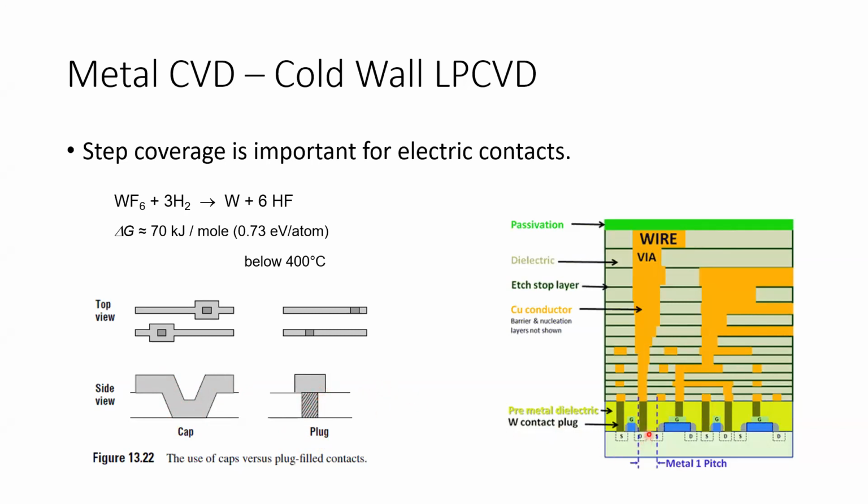And this is shown here. Here we have the source and the drain, right? And we need to make a metal contact. We deposit the contact, and then we deposit the interconnect. And because it is very small, we use LPCVD.